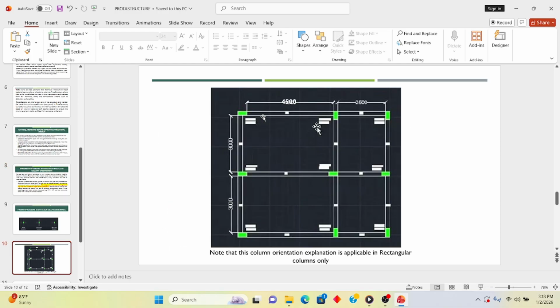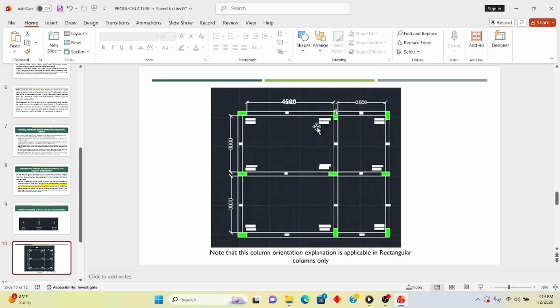So we are going to align this column to the direction of higher bending moment, because there will be a higher bending moment from this beam because it has a higher span than this one. So it is definitely going to subject it to a higher bending moment. So the orientation of this rectangular column will be such that its longer part will be in the direction of this one, since it's exerting a higher moment than this one.